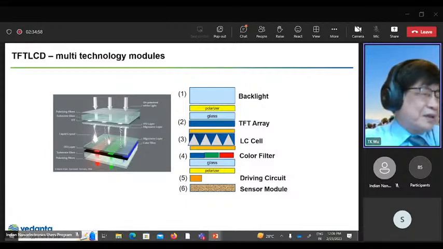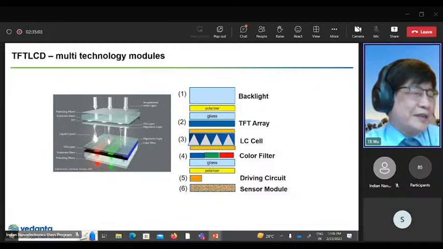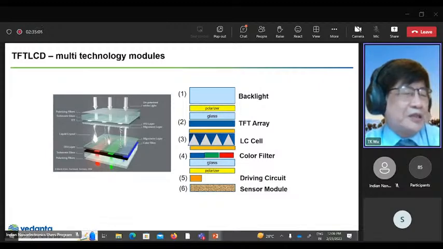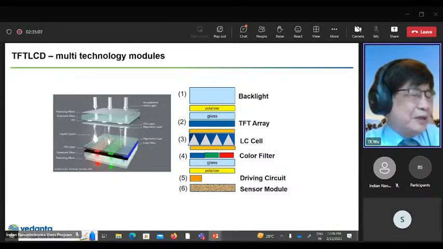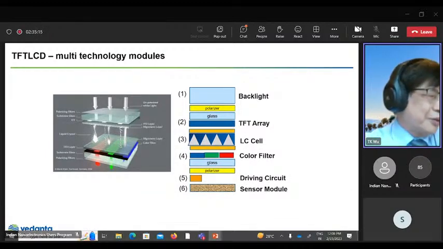Then the TFT array is an active matrix which can deliver electrical signals to the pixel electrode in a time frame without crosstalk, which is number two. Number three is the liquid crystal layer.